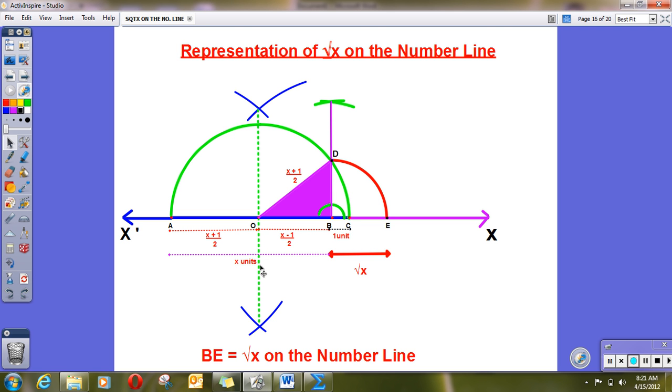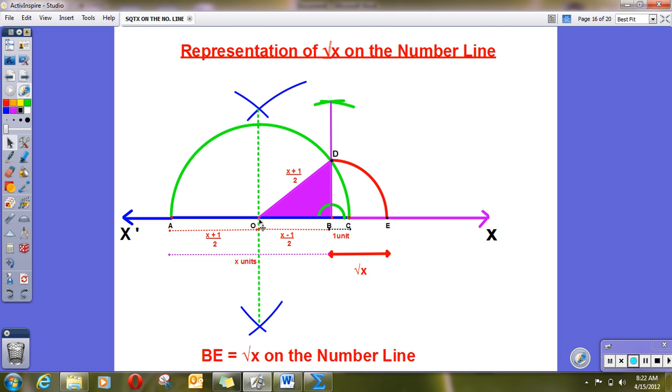Then we extended it to C by 1 unit, making AC equal to x plus 1 unit. Henceforth, we bisected AC, getting O as the midpoint.